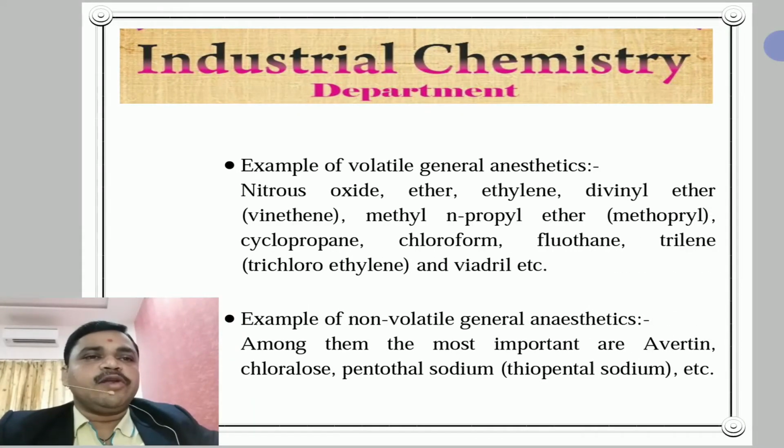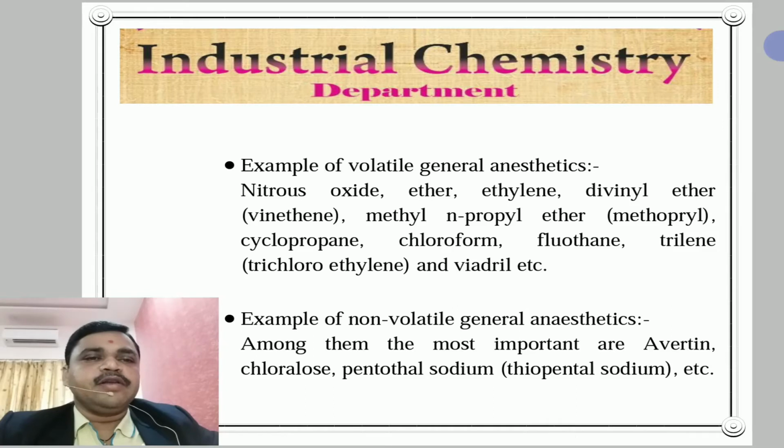Examples of volatile anesthetics: nitrous oxide, ether, ethylene, divinyl ether, methyl n-propyl ether, cyclopropane, chloroform, fluoroethane, trilene, and Viadril, etc.